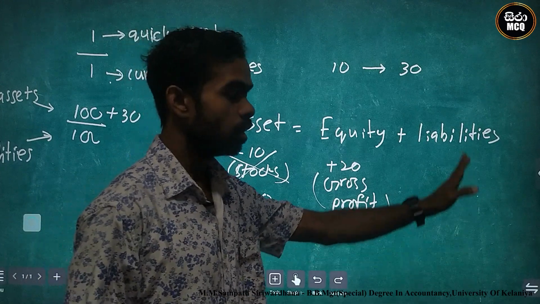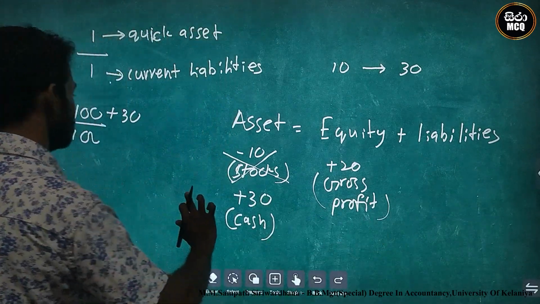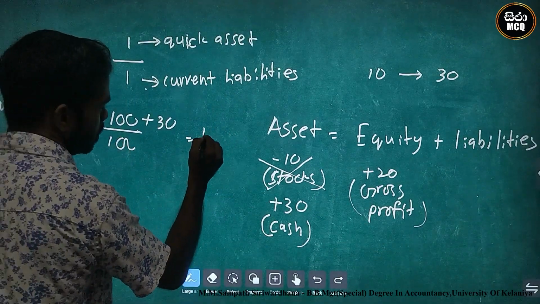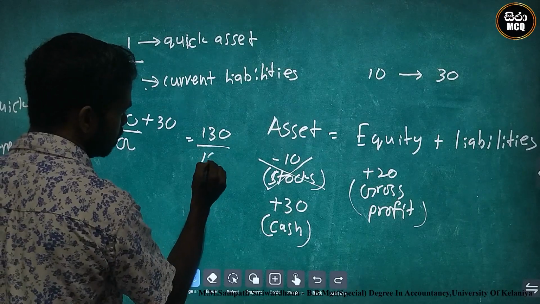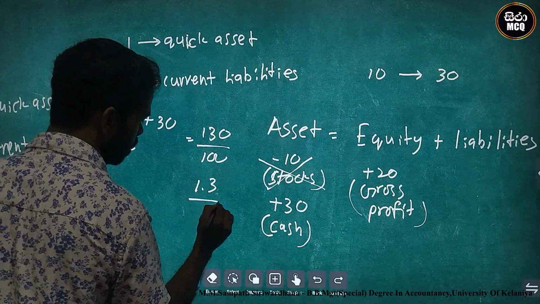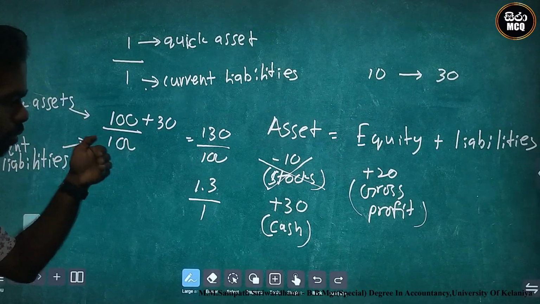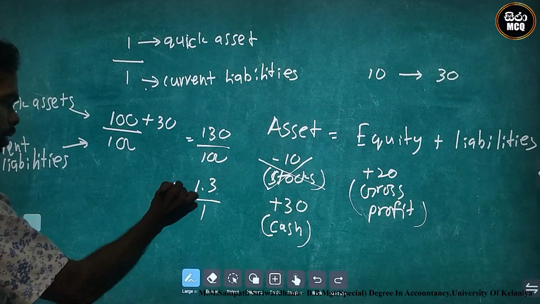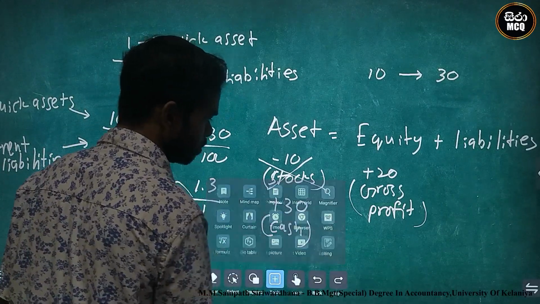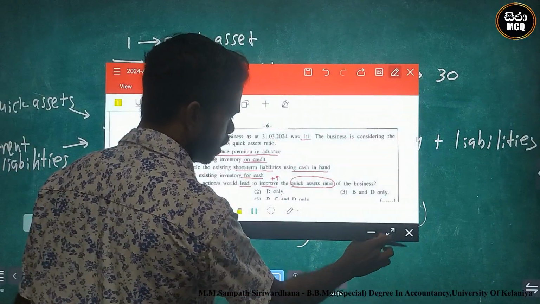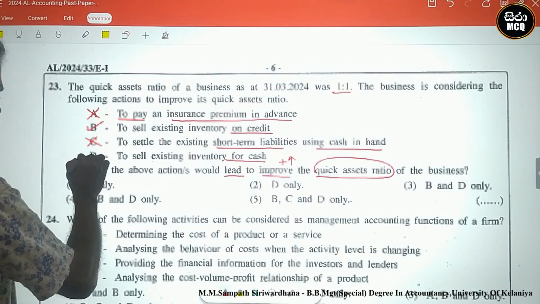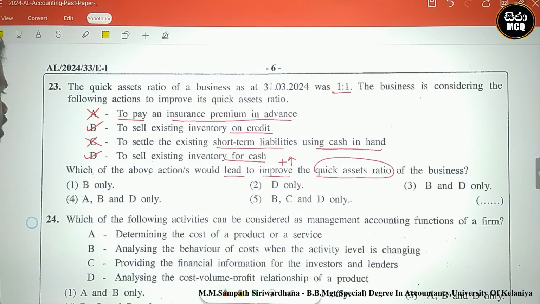Therefore, 130 divided by 100, the answer is 1.3, increasing. Why? Previously it was 1, this time it is 1.3. There is an increase, so we can get the answer D as an increasing action.